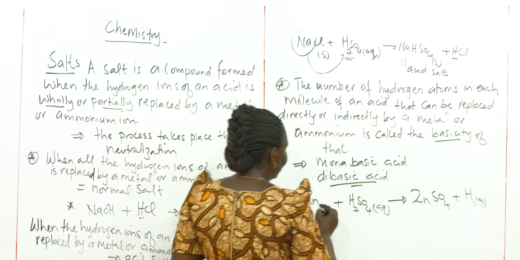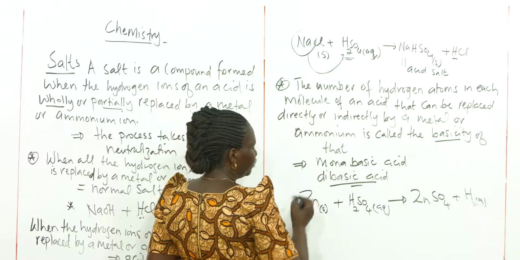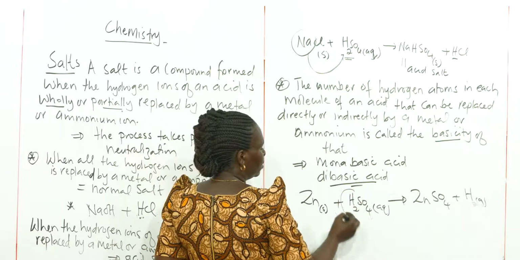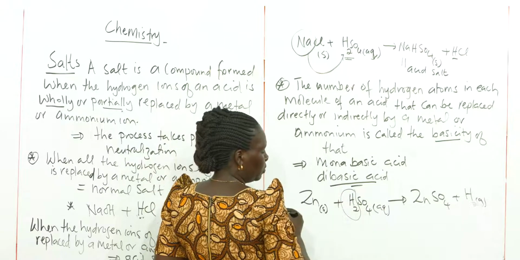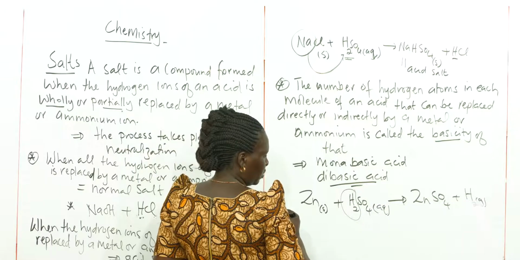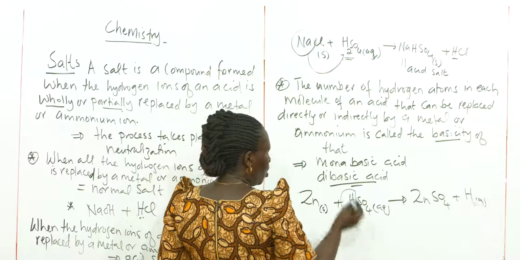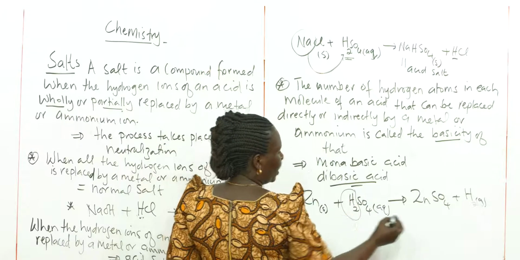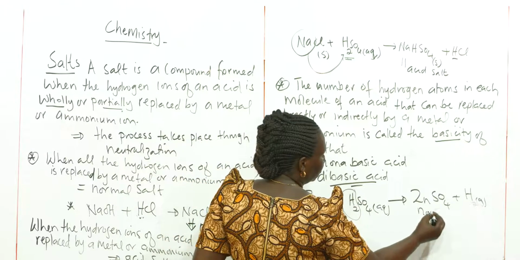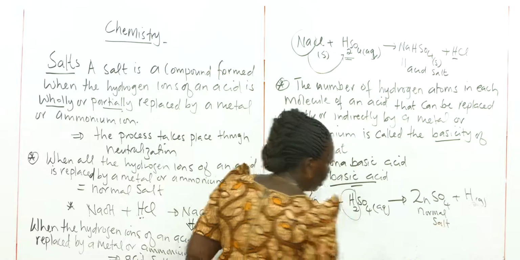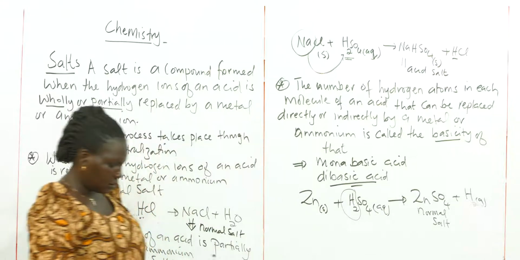So you see that zinc metal replaces all the hydrogen atoms from sulfuric acid. So this is whole replacement. So we get a normal salt.